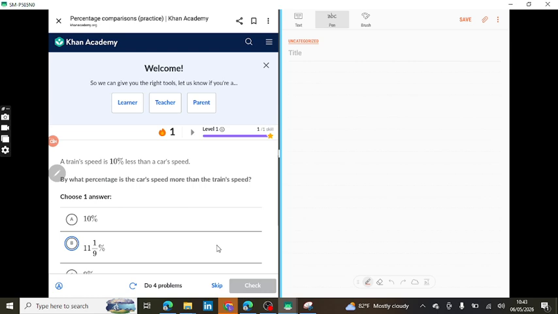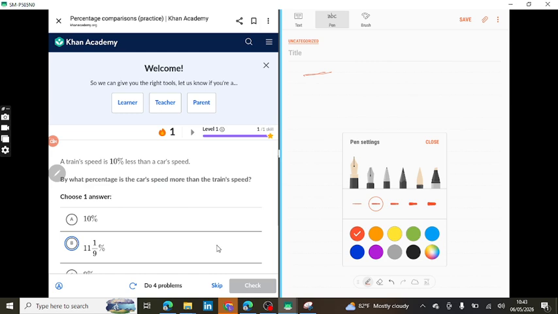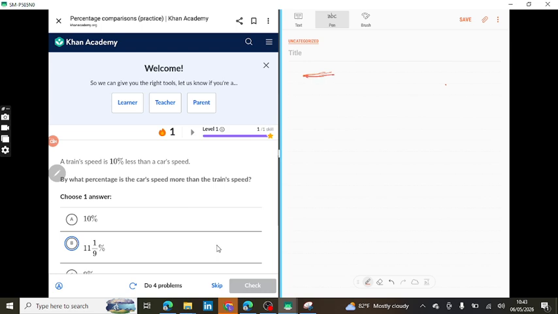When you remove 10%, if you have a train speed, train equals 0.9 of the car. That is, t equals 0.9c.